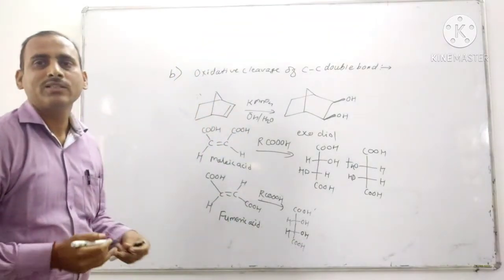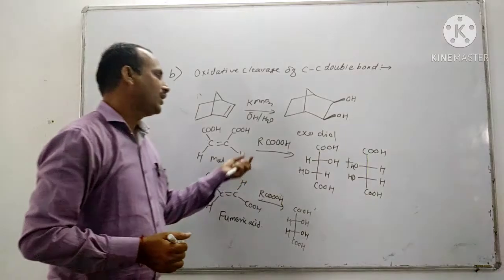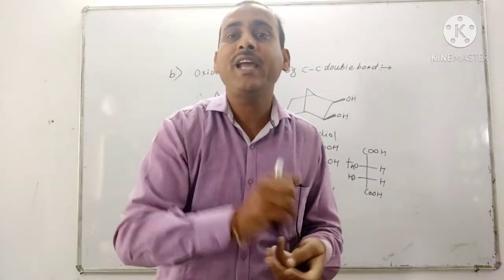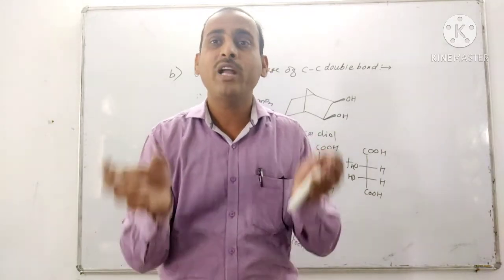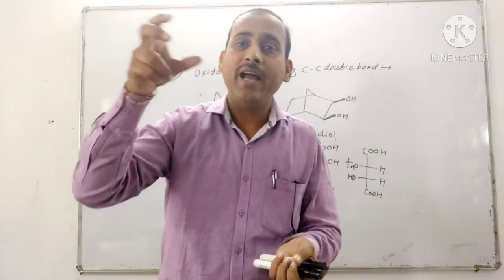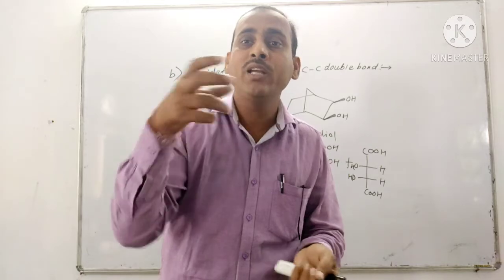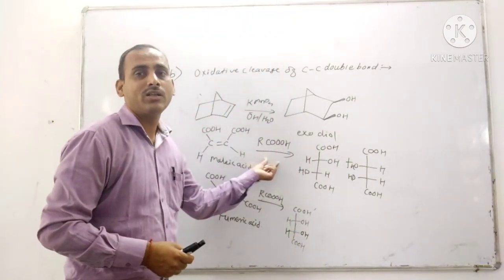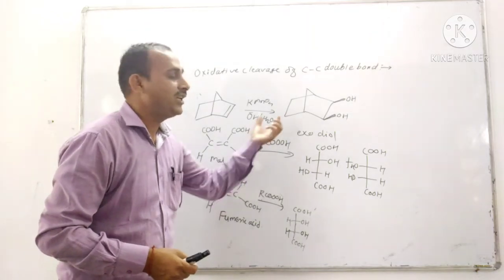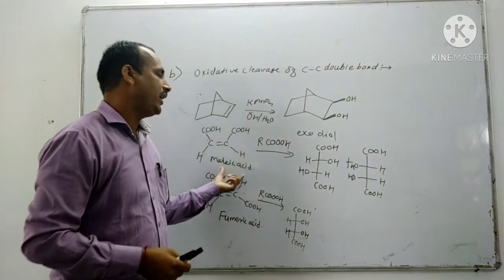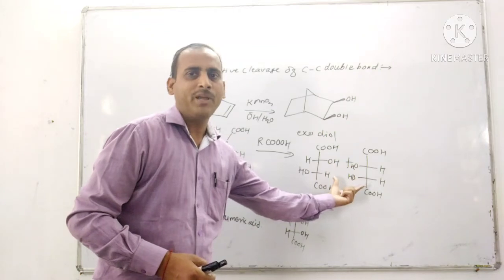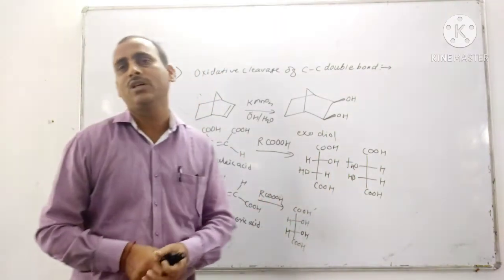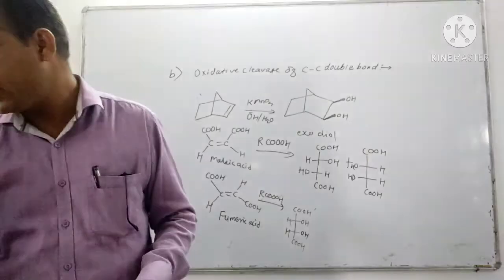So peracid gives addition in the form of anti addition, and KMnO4 and osmium tetroxide act across the carbon-carbon double bond in syn manner, while peracid undergoes dihydroxylation in anti manner, and therefore maleic acid gives two enantiomeric pairs, while the fumaric acid in presence of peracid gives the mesotartaric acid.